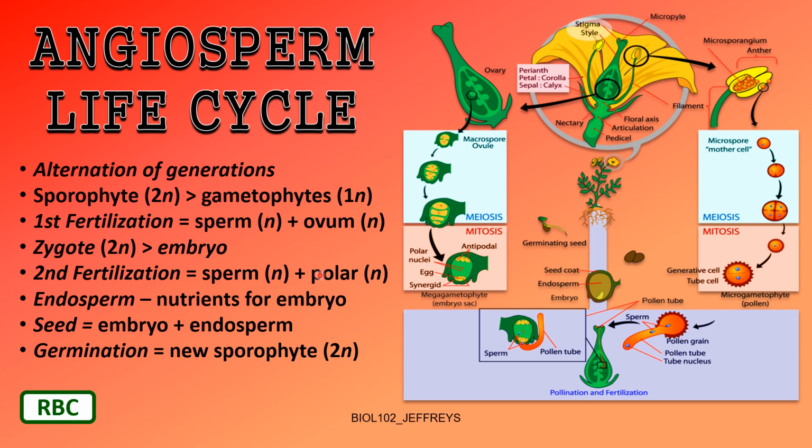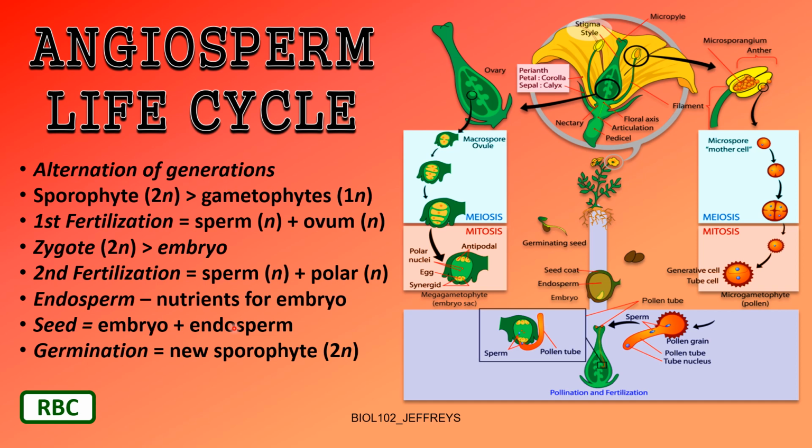One gets fertilized and becomes the zygote, and the other two fuse with the other sperm nucleus. So you get this nuclear structure that then becomes the endosperm. See the endosperm up there, and then the seed is the embryo plus the endosperm.